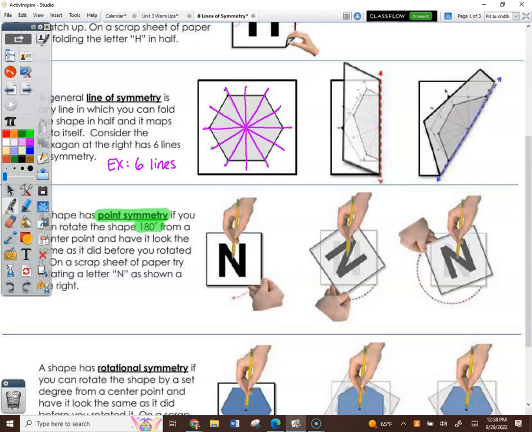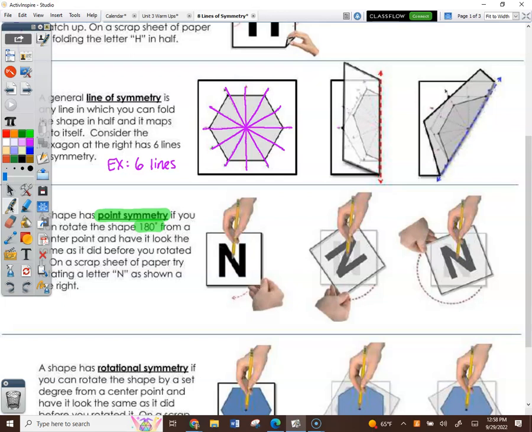You think of it as if I put my pencil in the middle and just turned it 180, is it the same image? You can see with the example of a capital N, it is. So it's called point symmetry. If any shape has rotational symmetry of 180, you need to be able to say, that's called point symmetry.